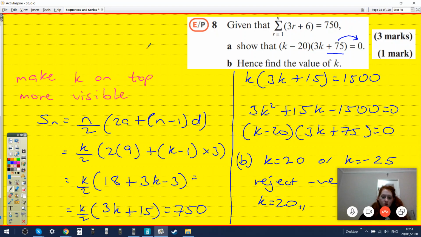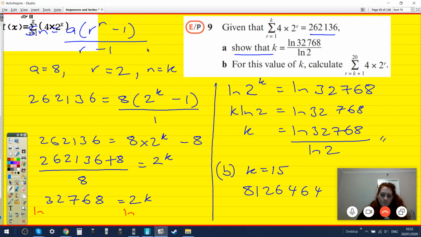Would we input the power to begin with 1, and then for the second one 2, and then divide them? Yes. So this one I'll just show all of the steps that you go through. Why did we only get k equals 20 for this one? Because you can't have a negative number of terms. Yes.